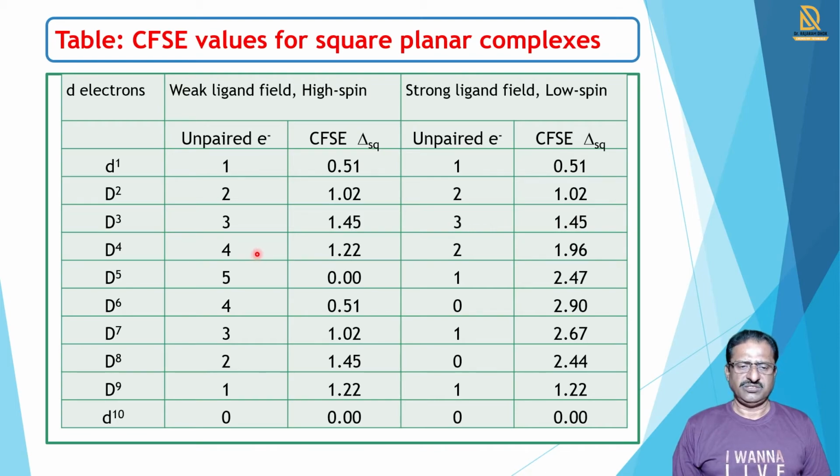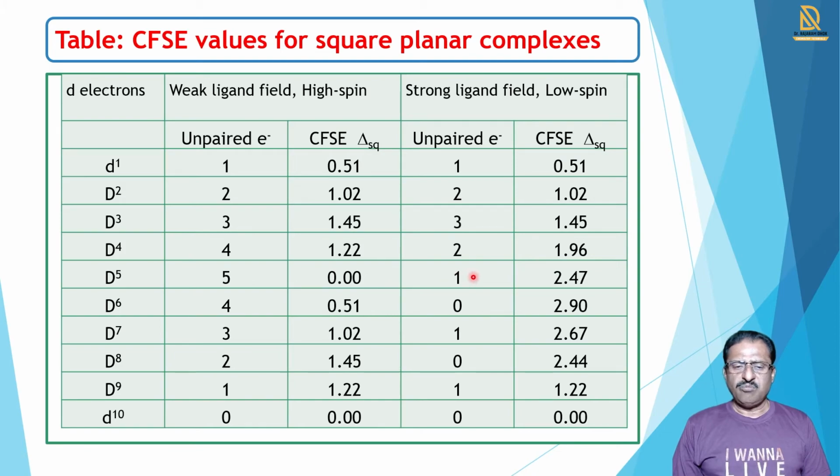In the d4 case, there are 4 unpaired electrons and the CFSE value is 1.22. In strong field complexes, 2 unpaired electrons and the value is 1.96. So it is higher because electrons are filled in the lower energy orbitals. Then in the d5 case, 5 unpaired electrons are present in the weak field complex and its CFSE is 0.